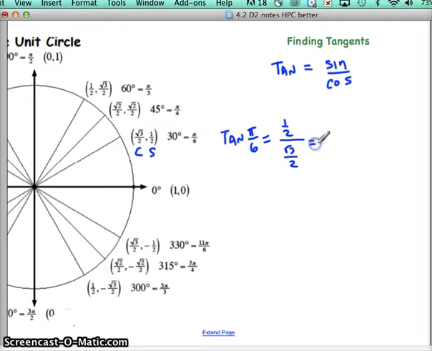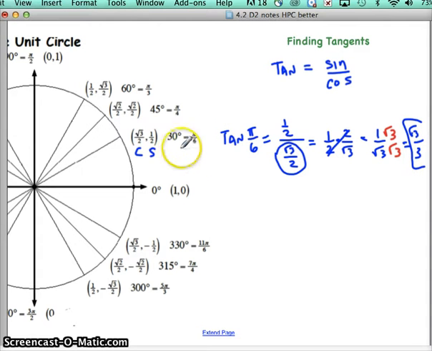Okay, well, we don't like all those fractions within fractions. So if you take the top fraction and you multiply by the reciprocal of the bottom fraction, then things will reduce. The 2's will go away, so we'll have 1 over radical 3, which we have to rationalize that denominator by multiplying by radical 3 on top and bottom, and then we'll get radical 3 over 3.